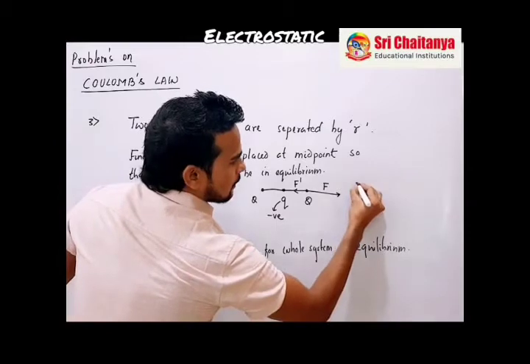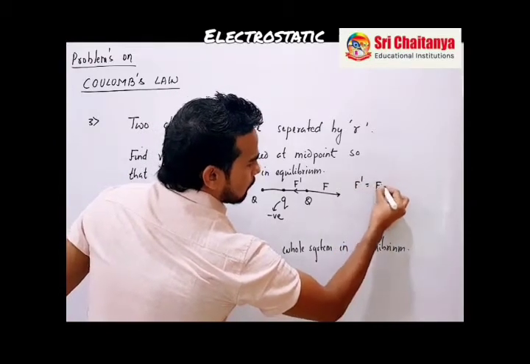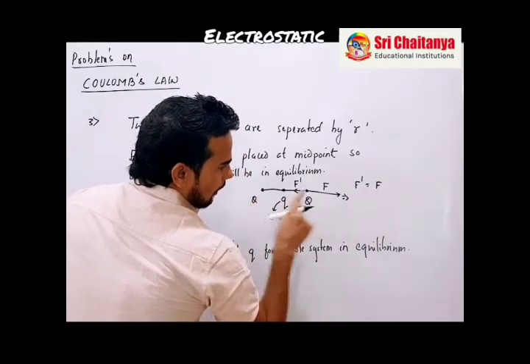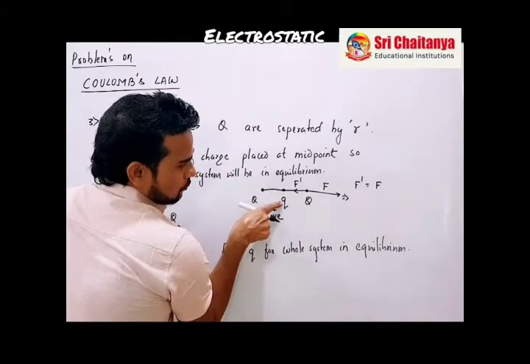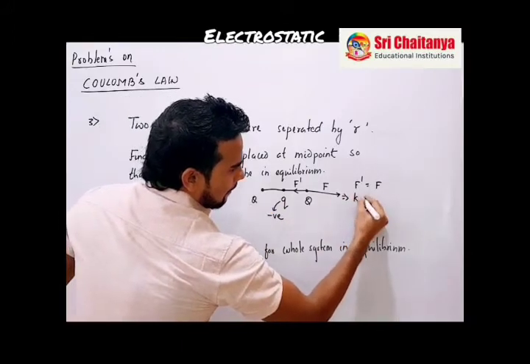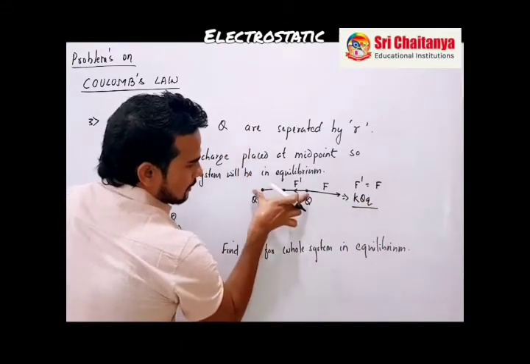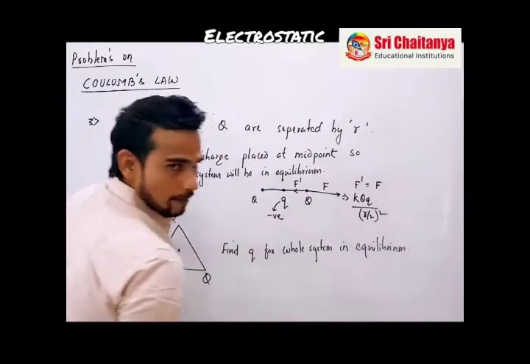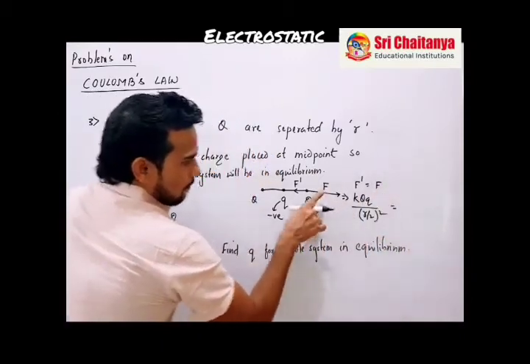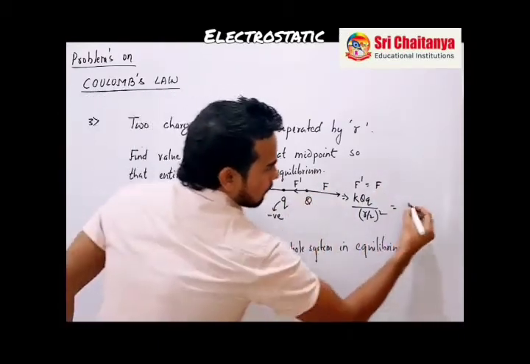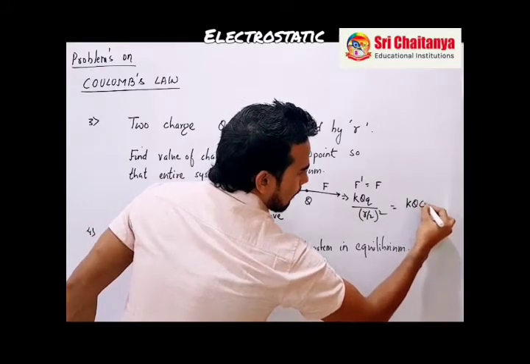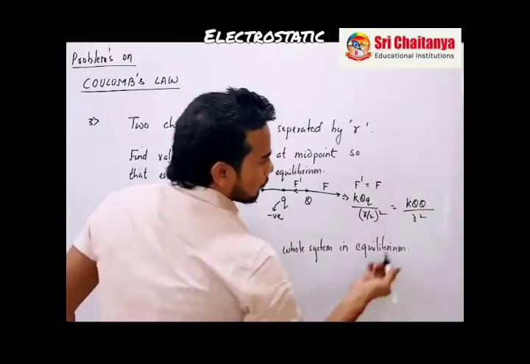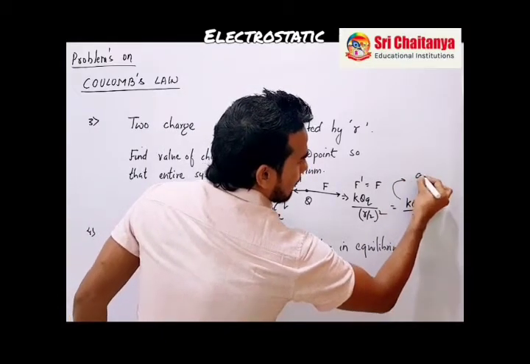If you equate, F dash is the attractive force due to this q, that is k Q q upon r by 2 whole square, since you have placed it at the midpoint, and F is the repulsion due to this capital Q, so that will be k Q Q upon r square. From here if you solve, you will get the value of small q.